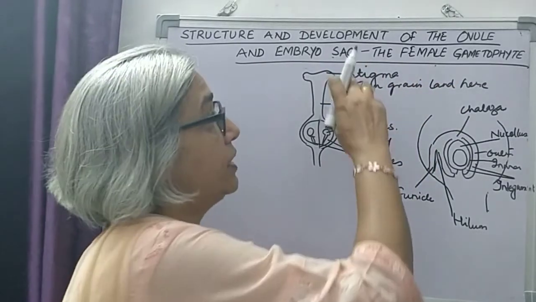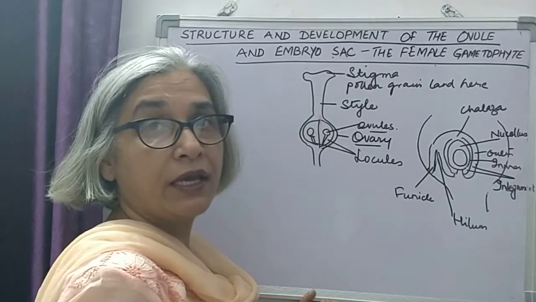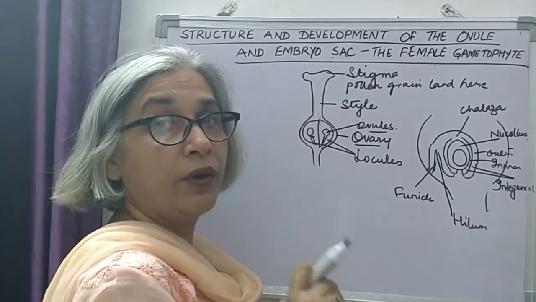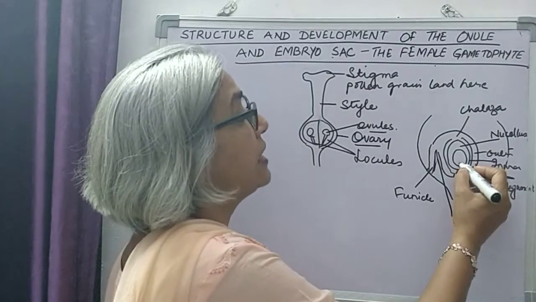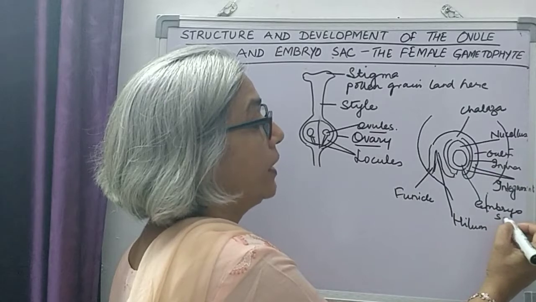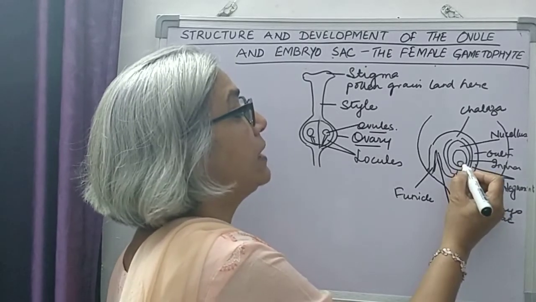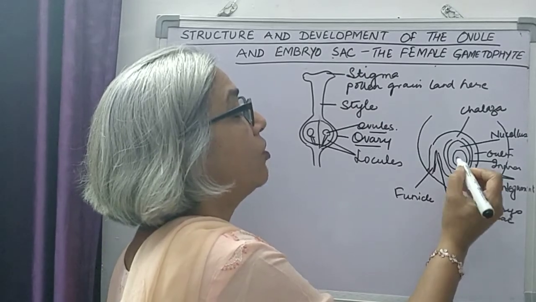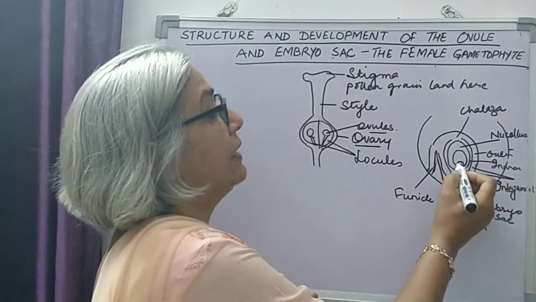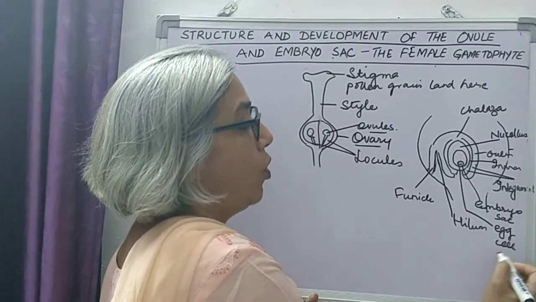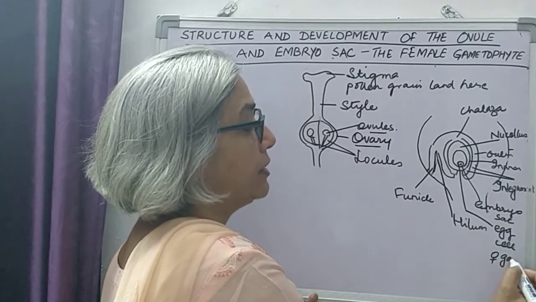We are going to see how the embryo sac develops, what is the structure of the embryo sac and how its development takes place. This is the embryo sac, and it's the embryo sac which contains the female gamete called the egg cell. In the embryo sac, this is the egg cell or the female gamete.